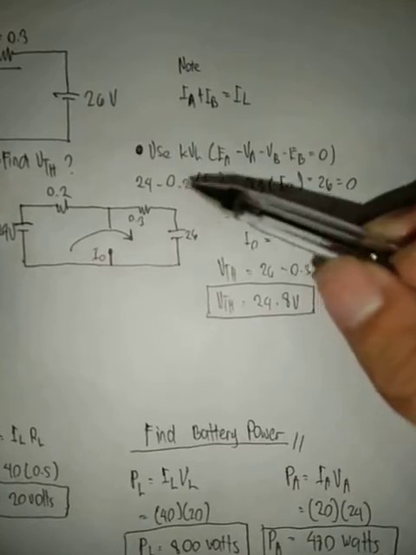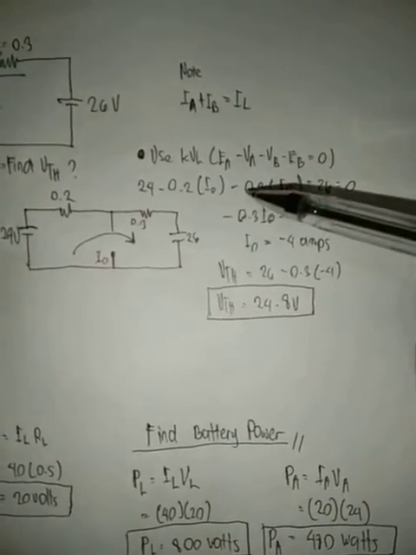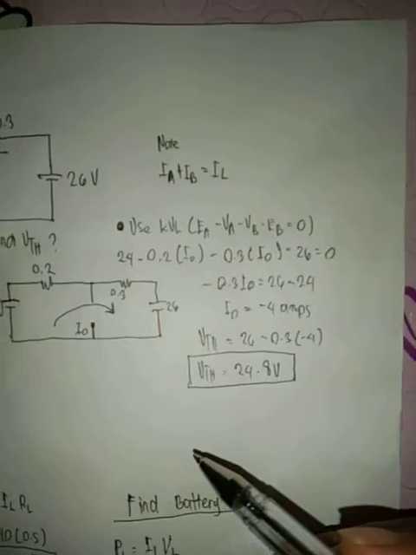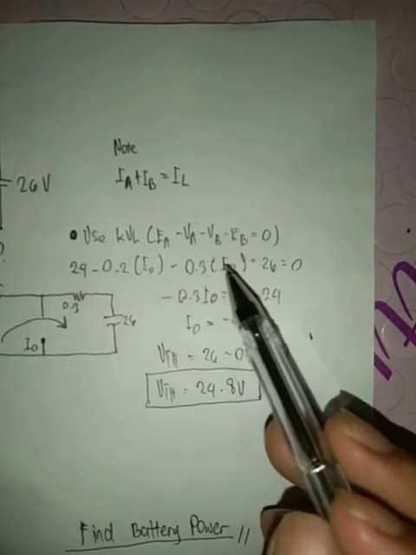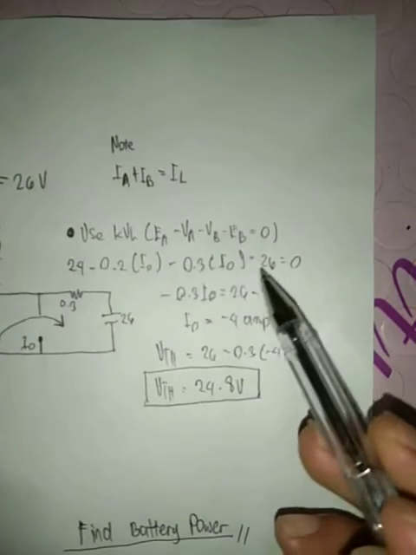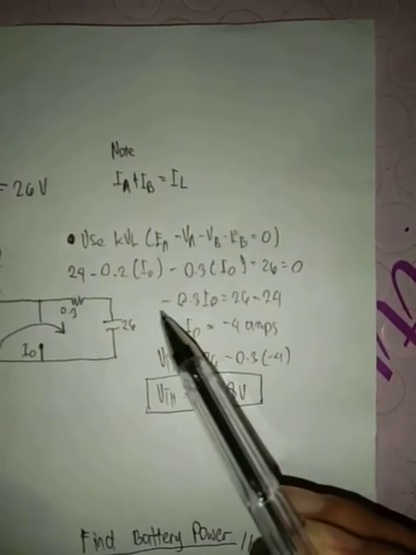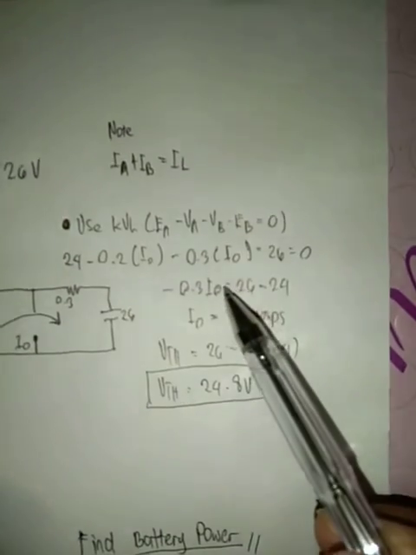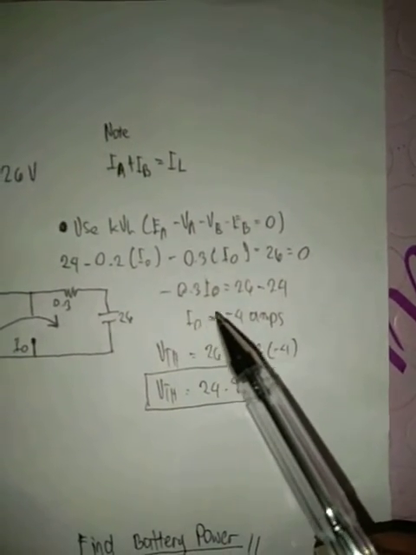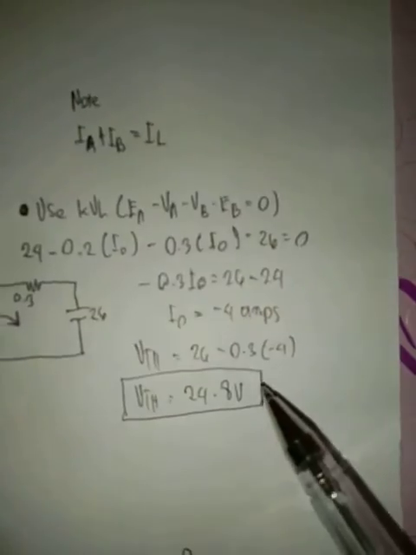Arrange that: 24 minus 0.2 times the load current, minus 0.3 times the load current, minus 26 equals 0. Transpose: 0.3 times load current equals 26 minus 24. So the load current equals negative 4 amps.